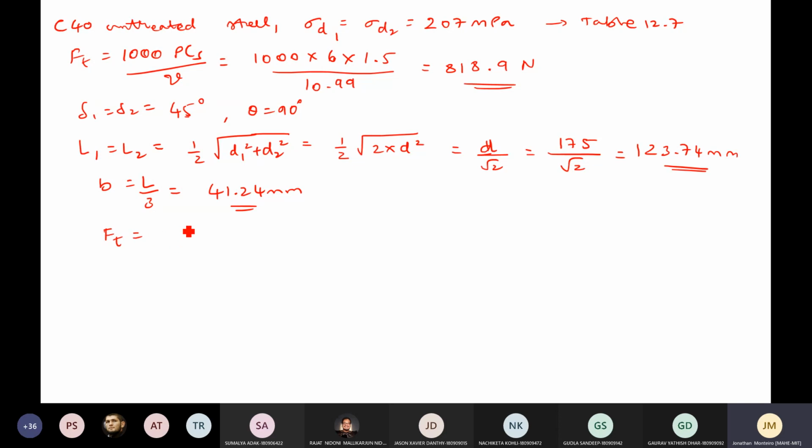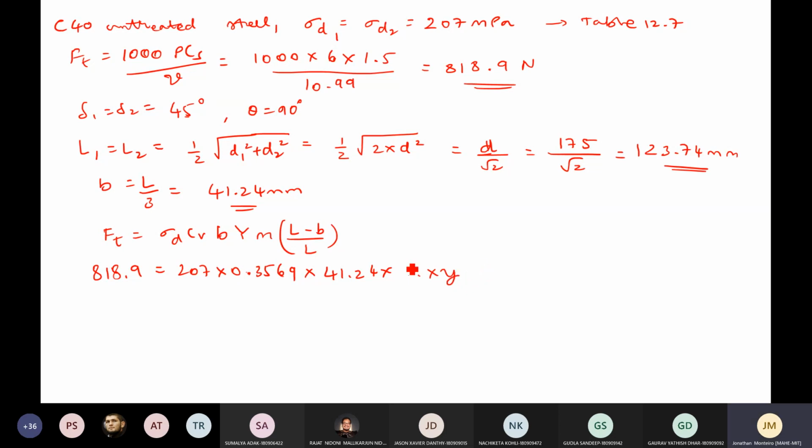Let me put the formula. Sigma D equals CV B capital Y M L minus B by L. So this is 818.9 as you mentioned, sigma D is 207, CV is 0.3569, B is 41.24, pi into Y, capital Y we are taking, and module is M. We still don't know the number of teeth, that is what we need to find out.